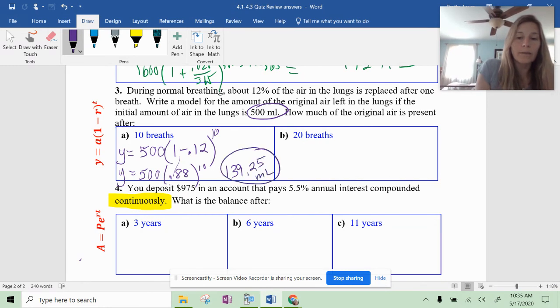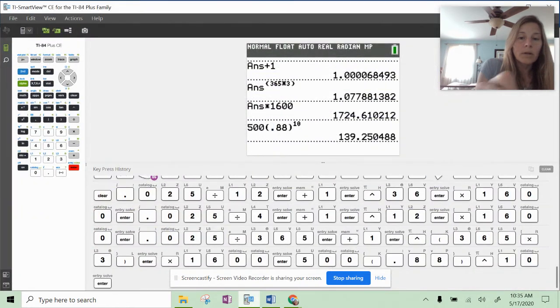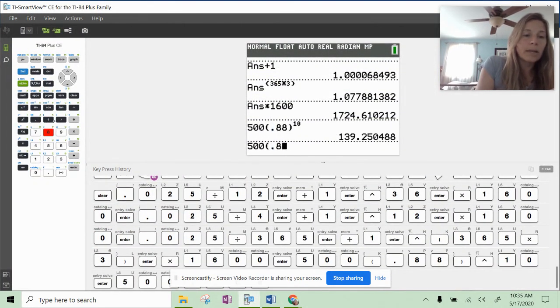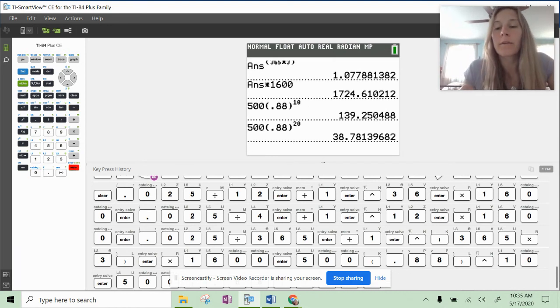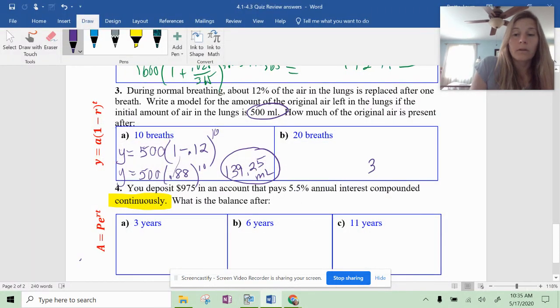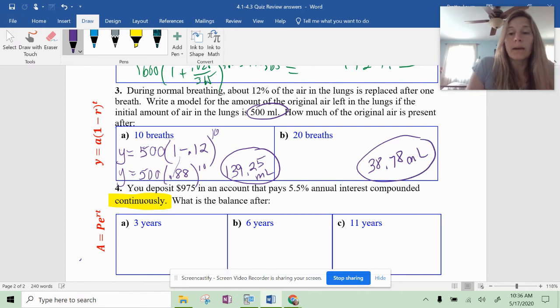And then I'm going to do it again for 20 breaths. So I'm going to do 500 times 0.88 raised to 20, and I get 38.78. And of course, you could have also done it on your graphing calculator. So what that means is after 20 breaths, you only have 38.78 milliliters of the original breath that you took, or the initial amount of air.